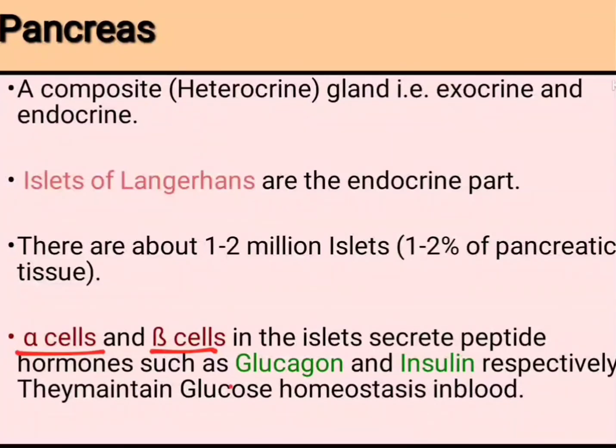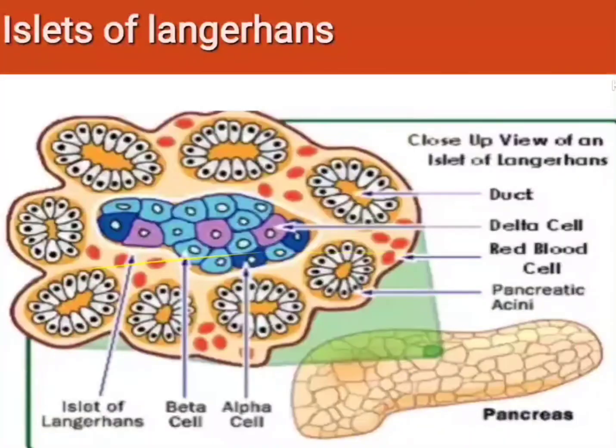The hormones produced by alpha cells and beta cells are glucagon and insulin. Then you have to remember the islets of Langerhans: about 1 to 2 million islets of Langerhans, which is about 1 to 2% of pancreatic tissue.